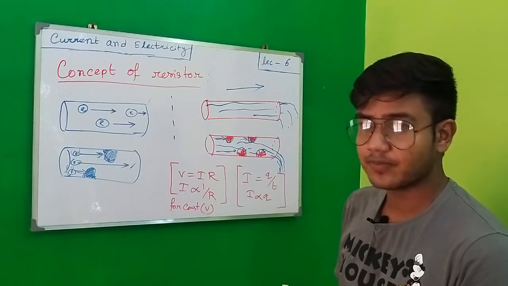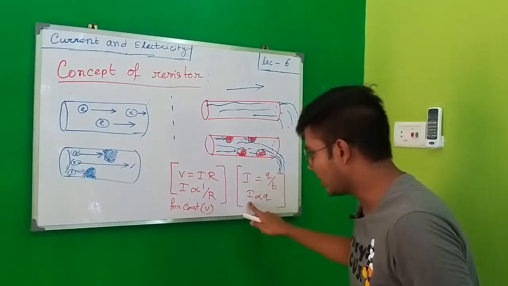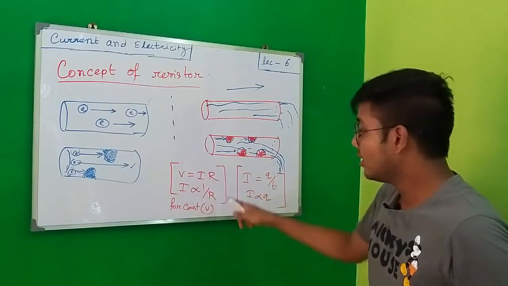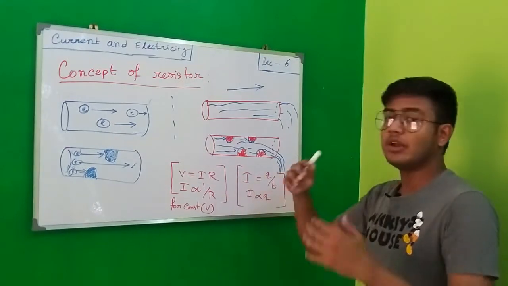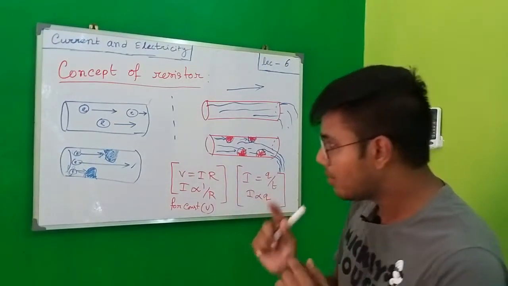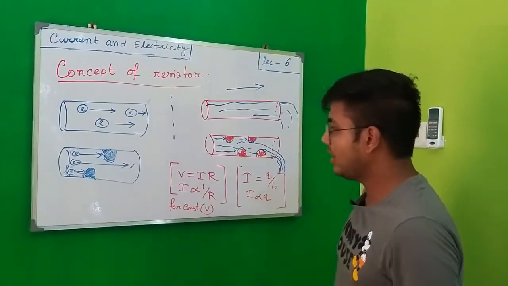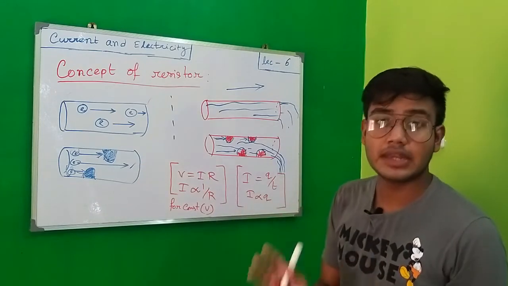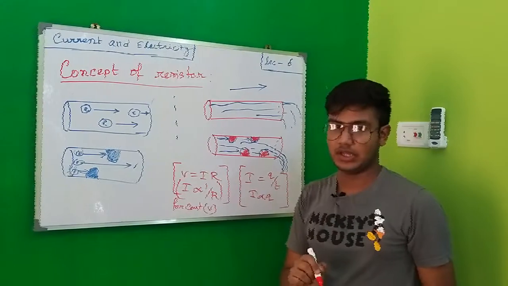That means, think again, if electrons decrease, current will decrease. If current decreases, then resistance will increase. Now think reversely. If you increase the resistance, that means you increase the impurities, so the electrons will decrease, and so the current will decrease. That is what this formula is denoting.